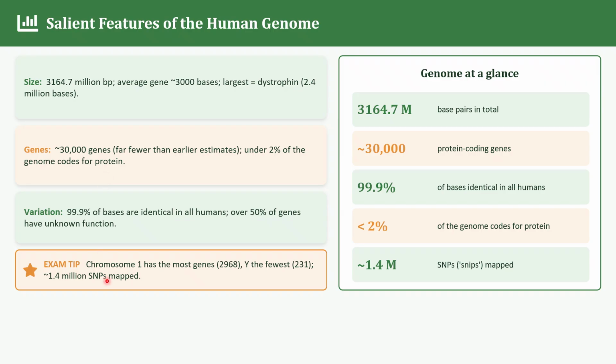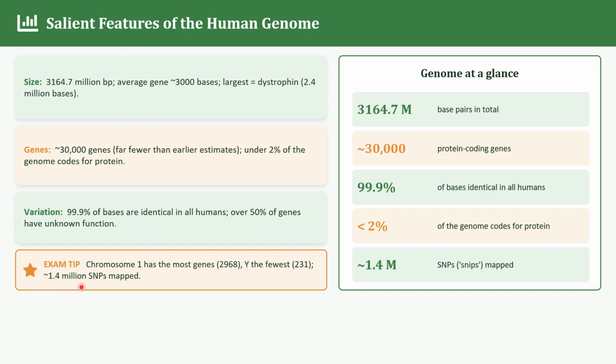And next one is chromosome 1 now. It contains the highest number of genes, approximately 2,968 genes, and the Y chromosome contains the fewest genes, approximately 231 genes. And what are these SNPs? Scientists identified approximately 1.4 million locations where single base differences occur among humans, and these are called SNPs.